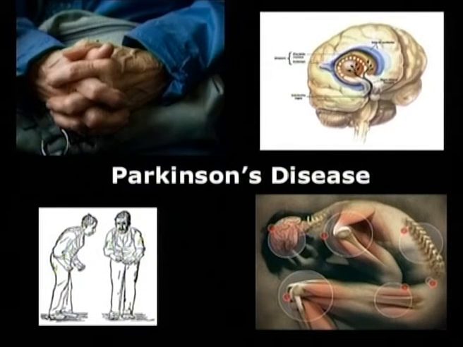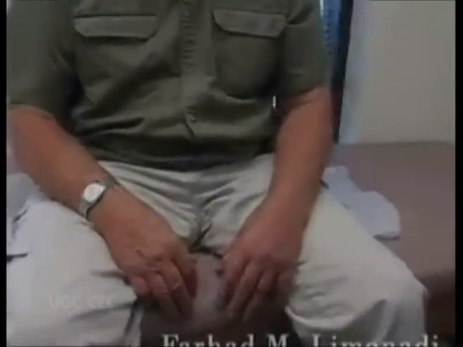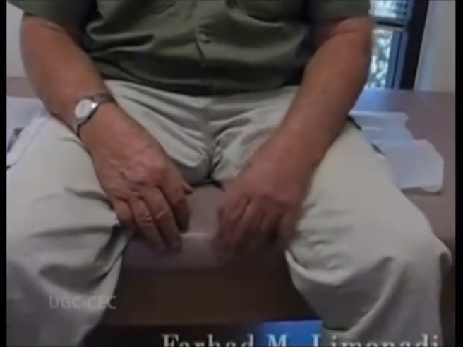Parkinson's disease. Parkinson's disease is a disorder of the brain that leads to shaking, that is tremors, and difficulty with walking, movement and coordination. Parkinson's disease most often develops after the age of 50. It is one of the most common nervous system disorders of the elderly.